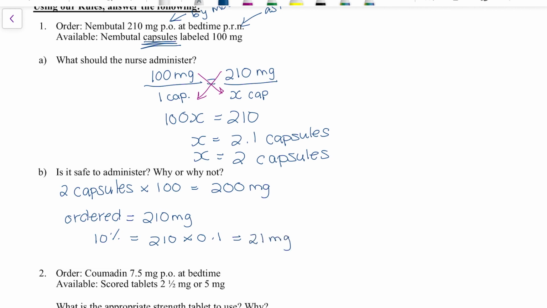We can go up or down by 21 milligrams. So my range is 210 plus 21, which is 231 milligrams, and 210 minus 21, which is 189 milligrams.